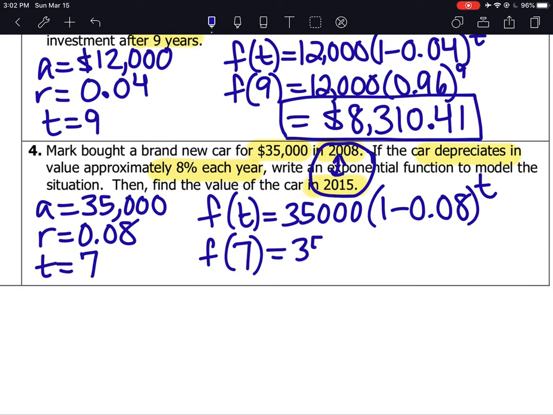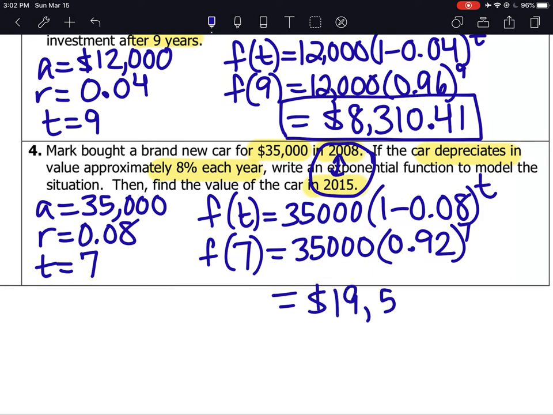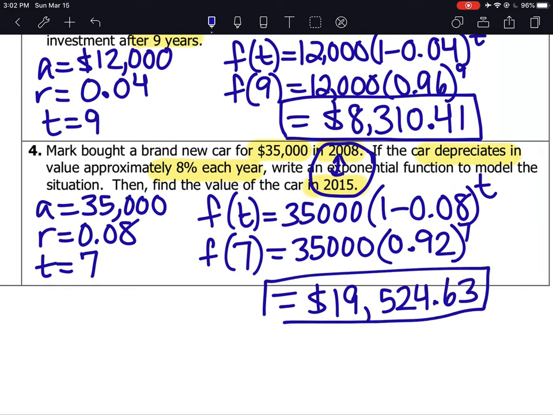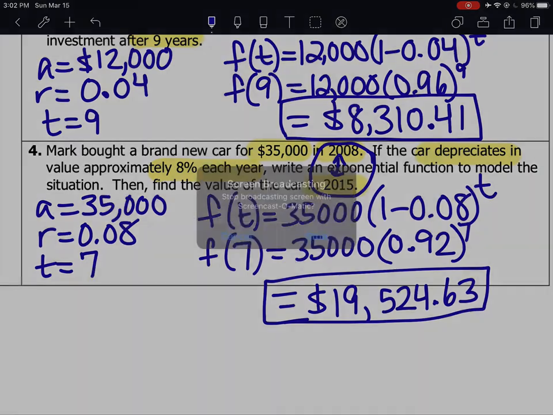And now for t, we can plug in 7 years. And after you plug in 7 years, you can see that it will depreciate because 1 minus 0.08 is 0.92, which is less than 1 to the 7th power. And it is going to decrease to $19,524.63. And that's how you do it.